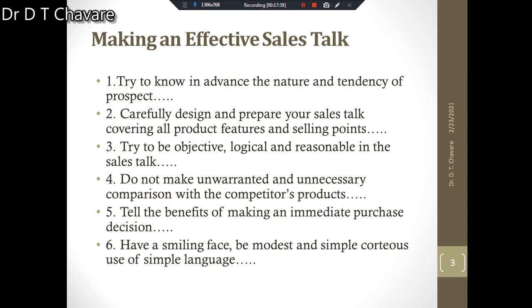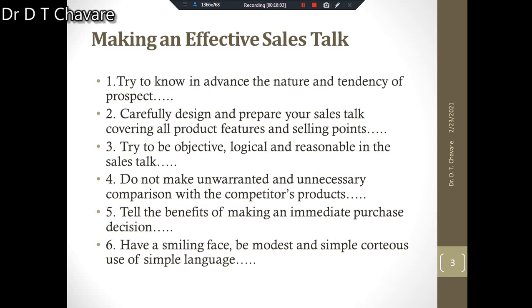Such a comparison with competitors' products is not essential. Also, do not make ill remarks or cheap comments about your competitors. You should avoid such things. Don't remark cheaply about your competitors and competitive products.